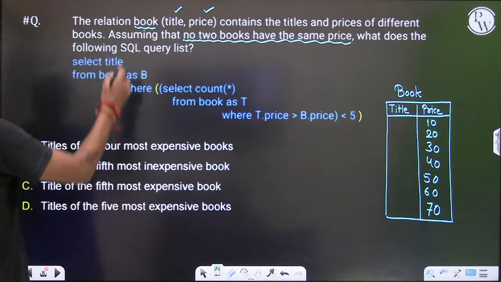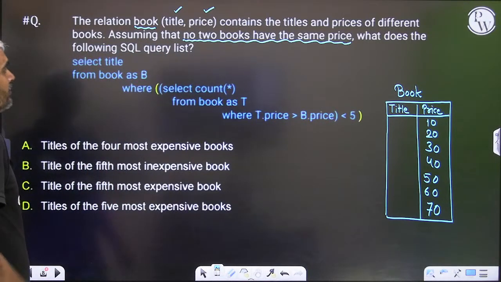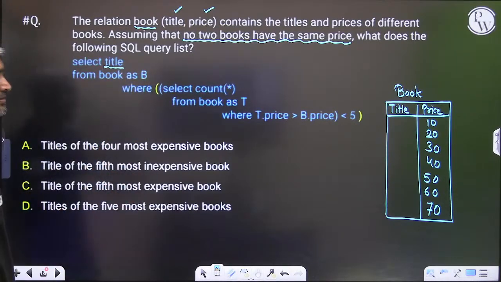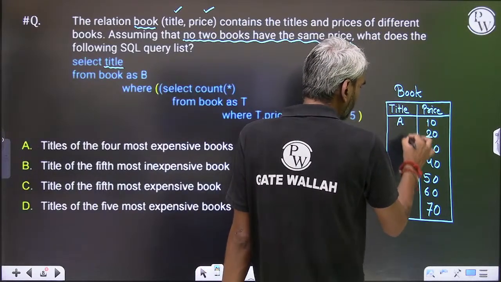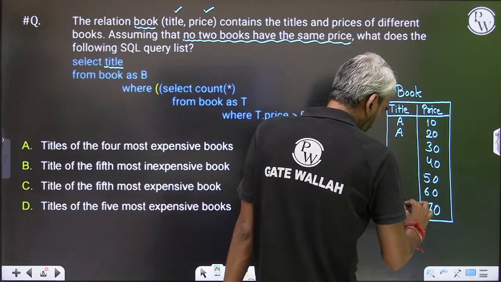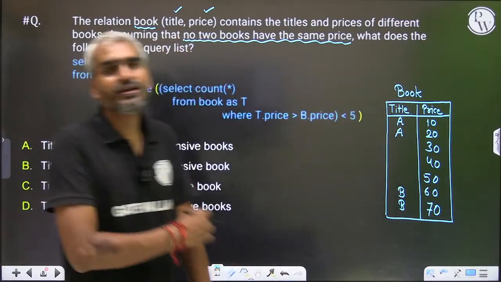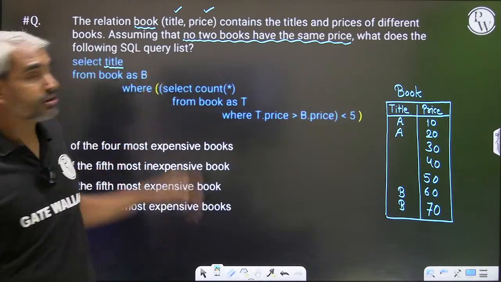Now, what does the following SQL query list? So the first idea is, we are selecting titles. It may be the case that two books have the same title.